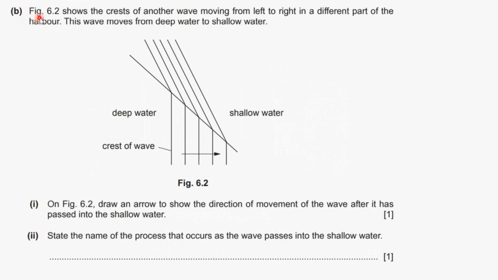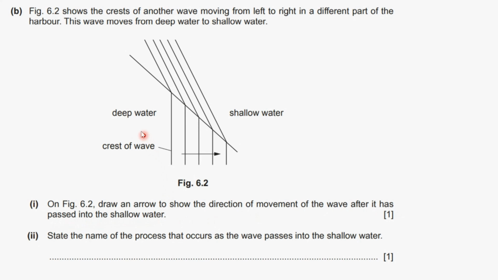In part B, figure 6.2 shows the crests of another wave moving from left to right in a different part of the harbor. This wave moves from deep water to shallow water. In part i, on figure 6.2, draw an arrow to show the direction of movement of the wave after it has passed into the shallow water.